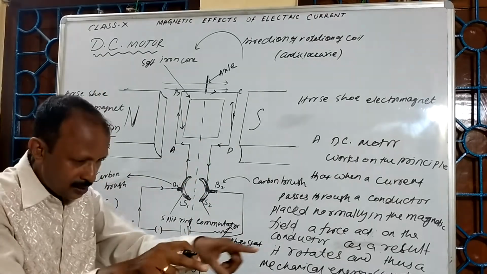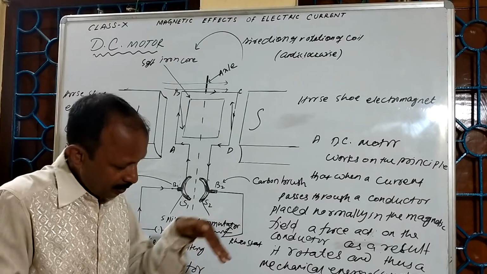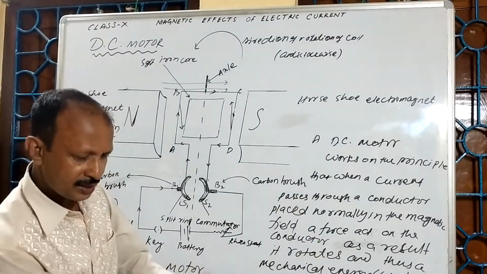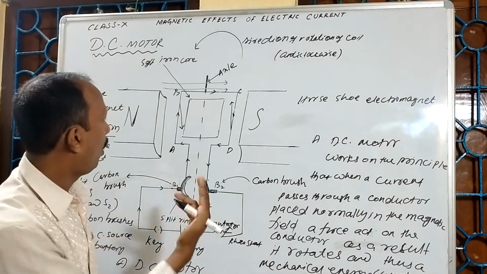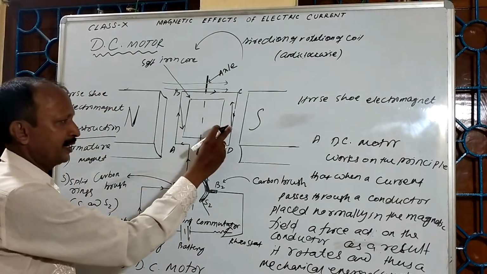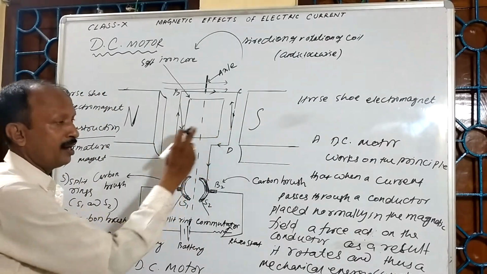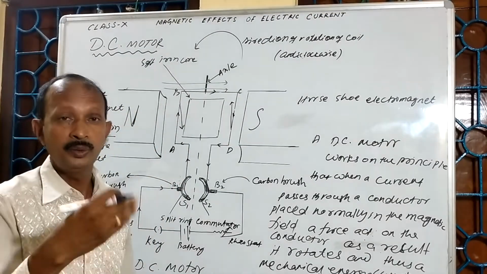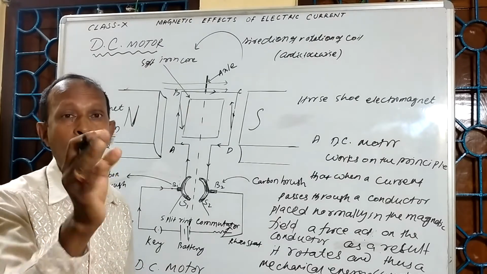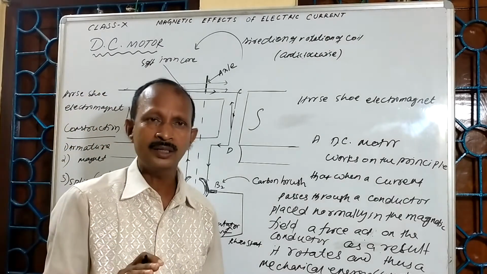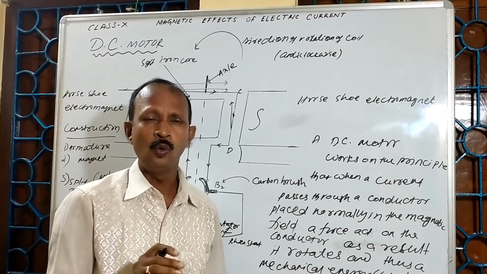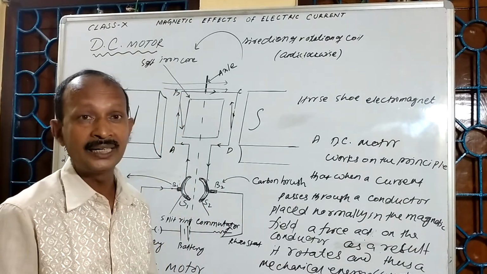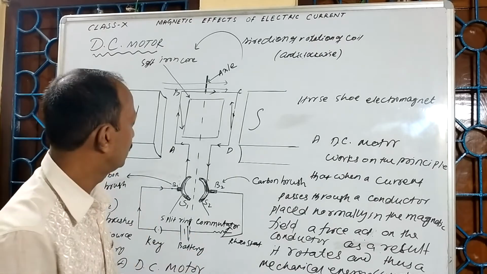In this rectangular coil, one side the force is acting downwards, one side force is acting upwards. That means a pair of equal and opposite forces are acting, or you can say that there is a couple. Couple is nothing but a pair of equal and opposite forces which act on a body and create a turning effect.